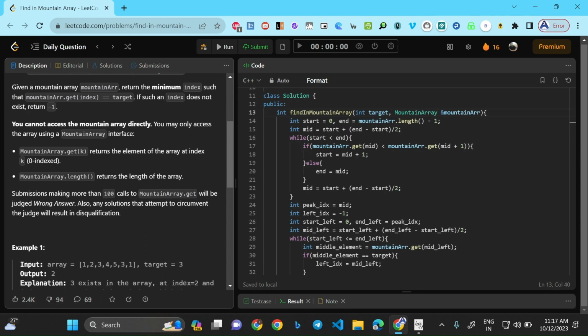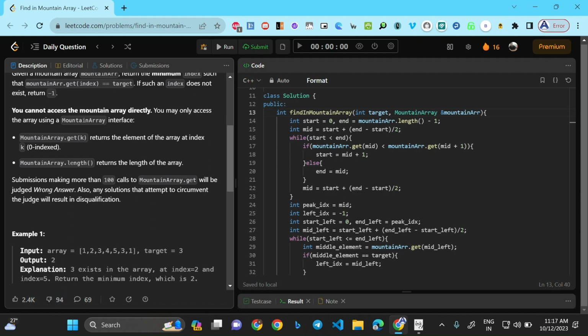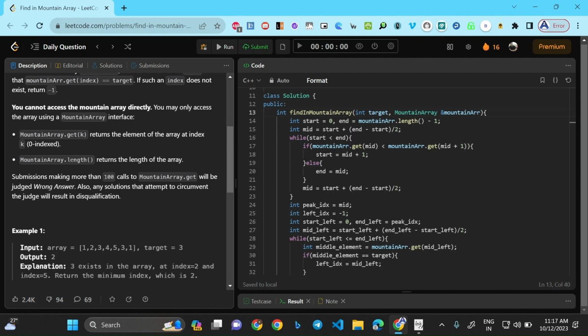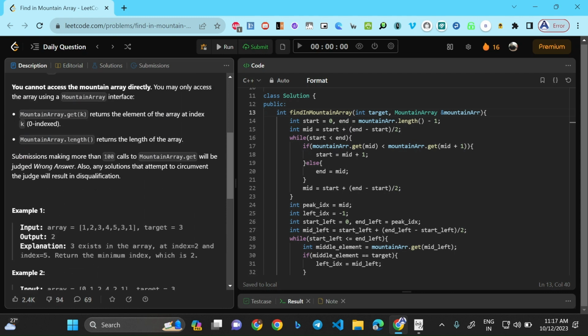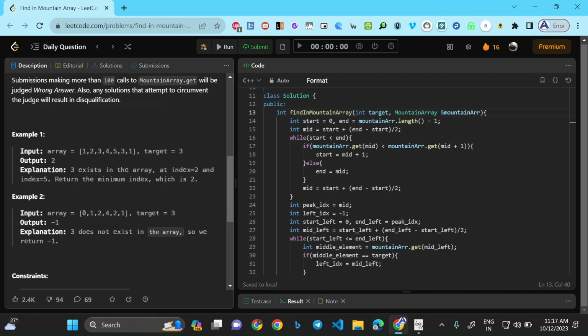Submissions making more than 100 calls to MountainArray.get will be judged wrong answer. So there might be some solutions by other people who try to store elements by calling each and every element from 0 to the length of the mountain array. The length of the mountain array can go up to 10 power 4, so they'd be calling 10 power 4 times.